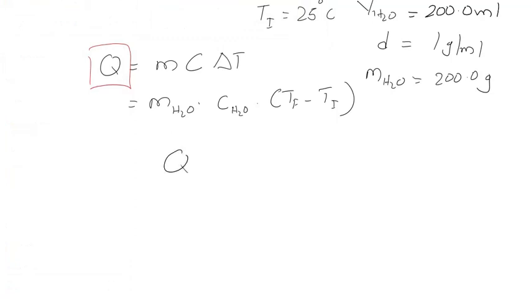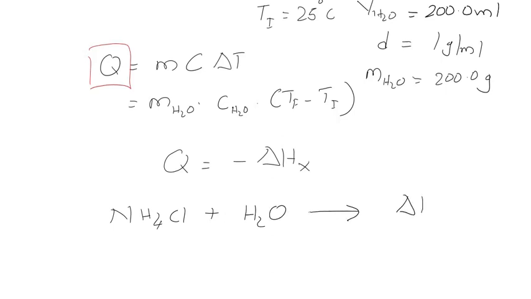Q value is actually minus delta Hx, where I'm writing x for the reaction. What is the reaction? Ammonium chloride is going in water to produce heat. Either this could be an exothermic or endothermic reaction, to produce the heat. So this is our delta Hx.